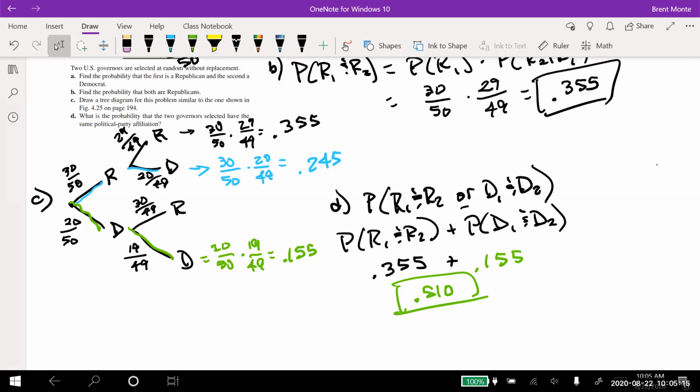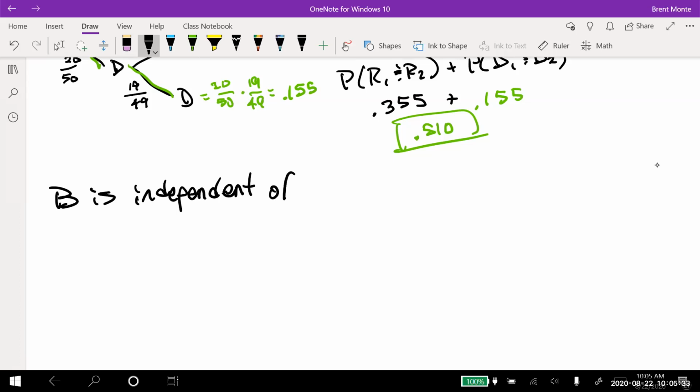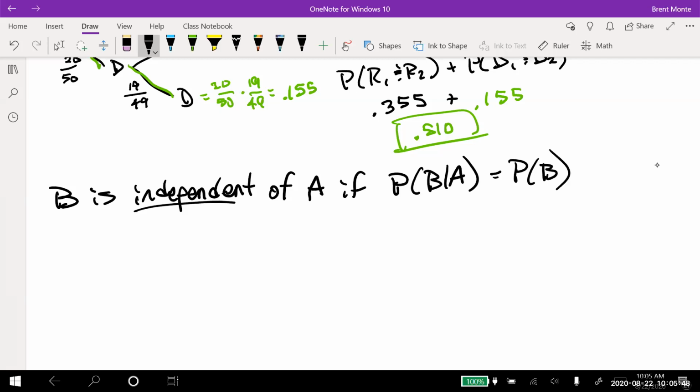What I did want to do is state one more thing, going back to that idea that we said about independence, and then we'll do a problem. B is independent of A if the probability that B happens given A happened is just the probability of B. So the fact that A happened didn't change the probability that B was going to happen.